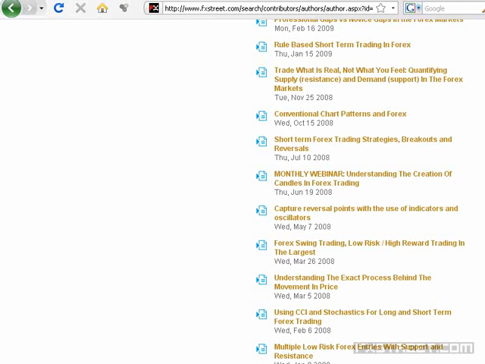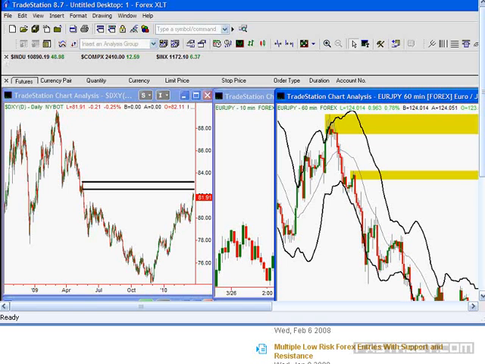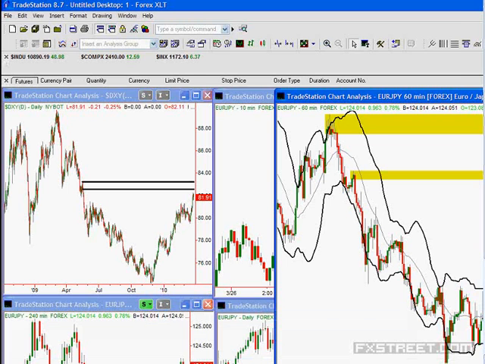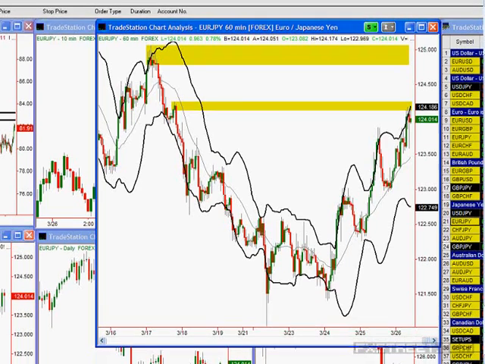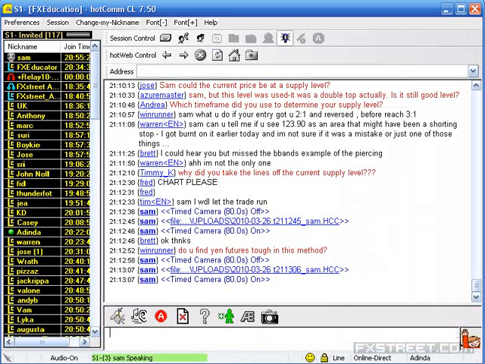Windrunner says, do you find yen futures tough in this method? No, and like I said, I started my career in the currencies on a really big trade desk, and I could tell you once I started trading on my own, the market that I had traded probably for a year and a half before I traded any other market was the Japanese yen. If there's one market that I traded more than anything else, it's definitely the yen.